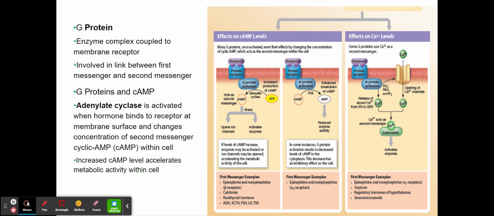The combination of DAG and intracellular calcium ions activates another membrane protein, protein kinase C, or PKC. The activation of PKC leads to the phosphorylation of calcium channel proteins, a process that opens the channels and permits extracellular calcium ions to enter the cell. This sets up a positive feedback loop that rapidly elevates intracellular calcium ion concentrations.